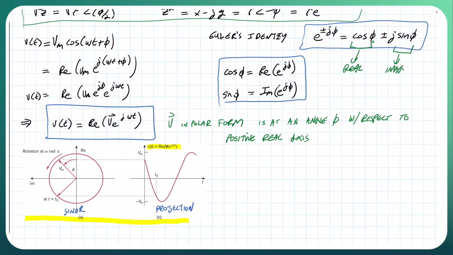At t equals t naught, this is what that value is. As the angle changes, you rotate based on this angle, and you can do the projection of the sinor.